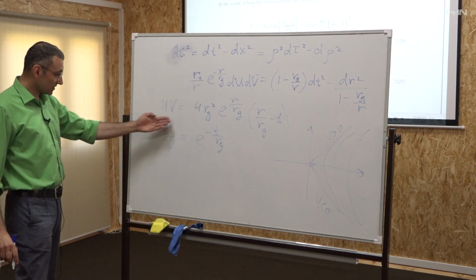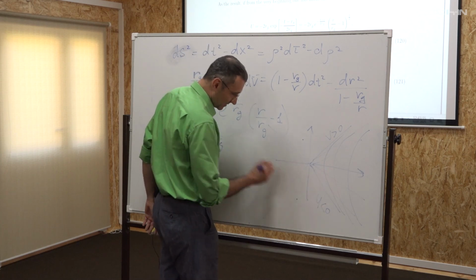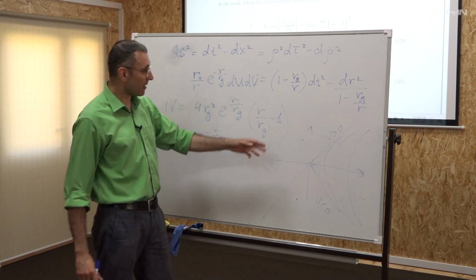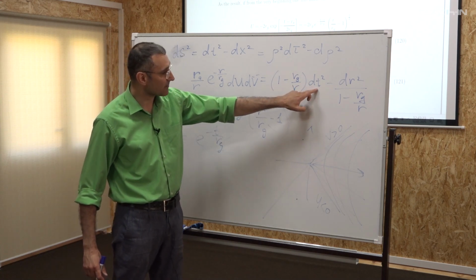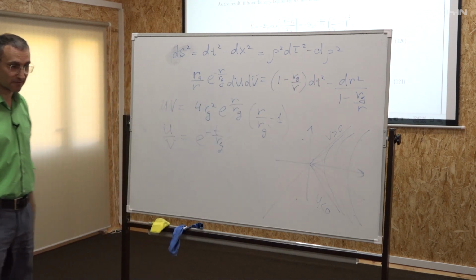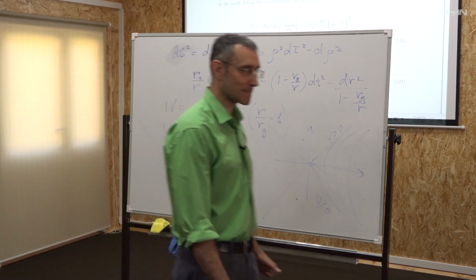But I can use these coordinates also in this quadrant, and in this quadrant, and in this quadrant. To cover these quadrants with other coordinates of the type of t and r, I should use t primes and r primes, etc. So absolutely similar situation. Okay.